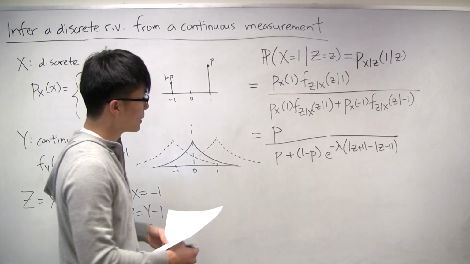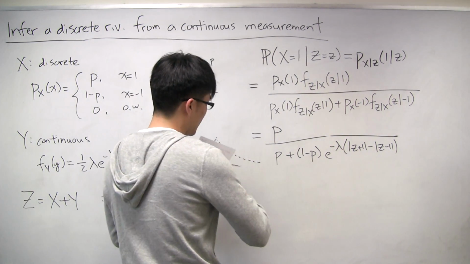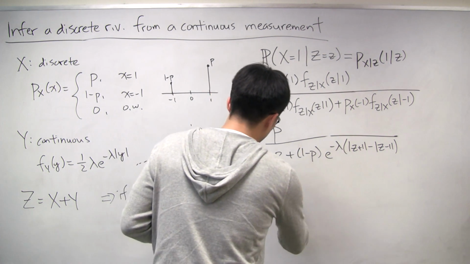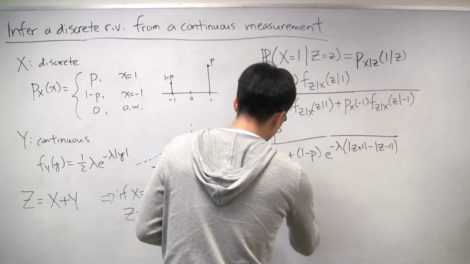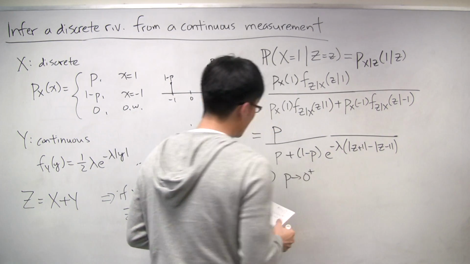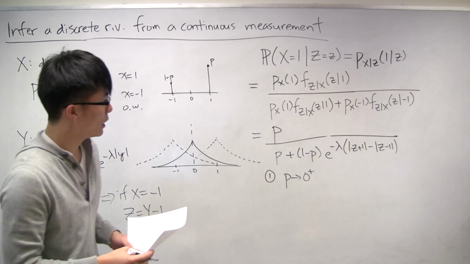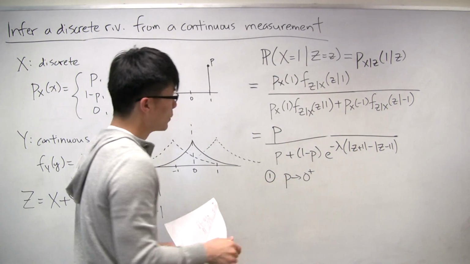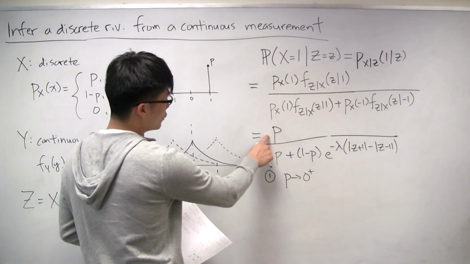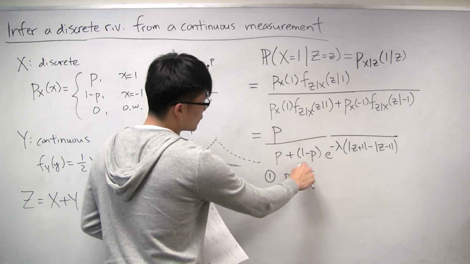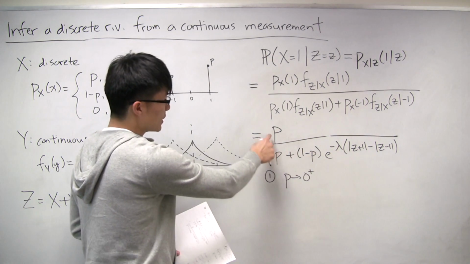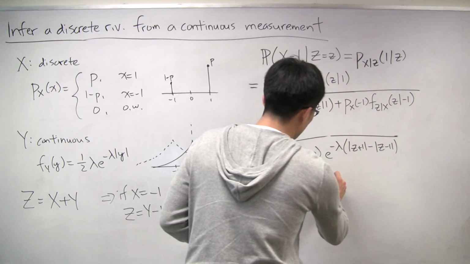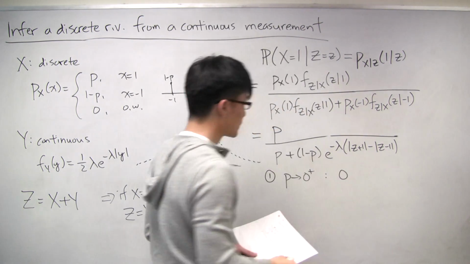The first one we want to think about is when p goes to 0. So if p goes to 0, what happens to our answer? Well, the numerator is 0, this is 1, but it doesn't matter because the numerator is 0. So in this case, this would go to 0.